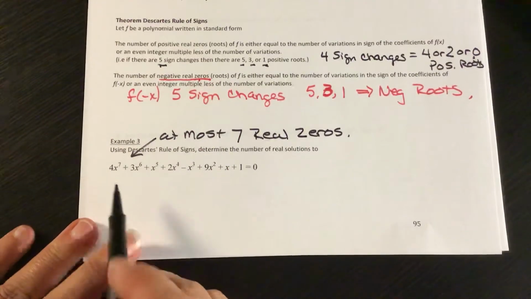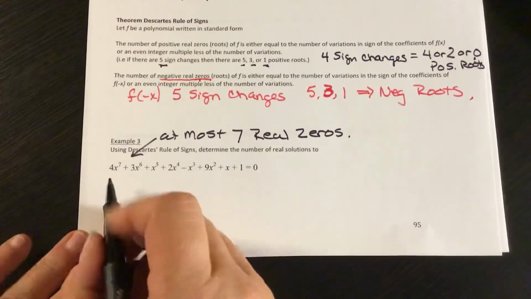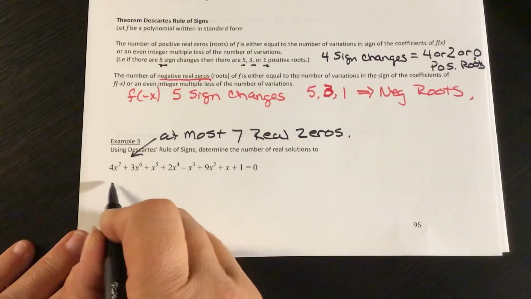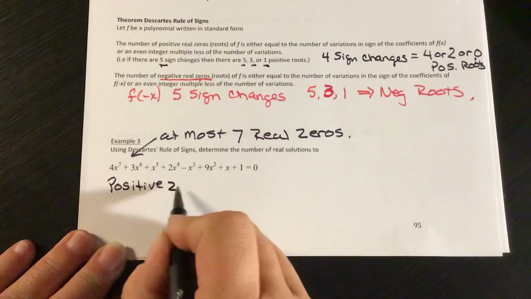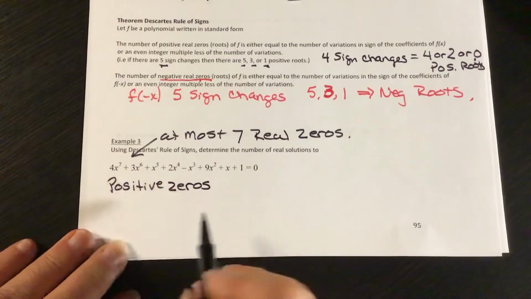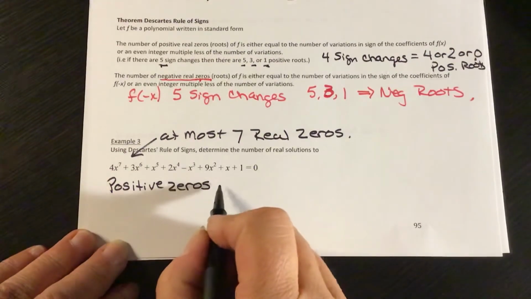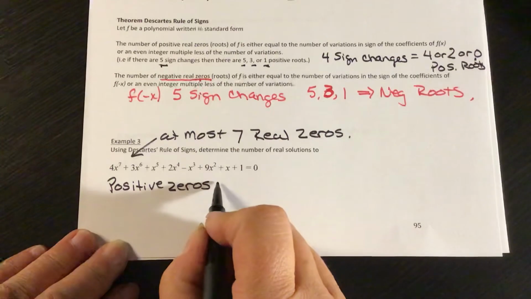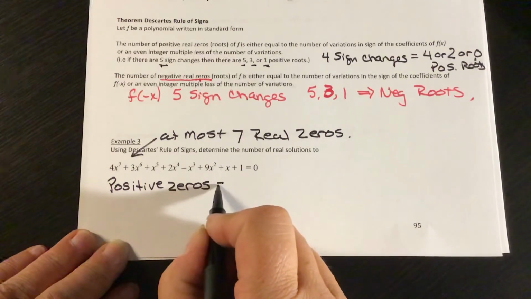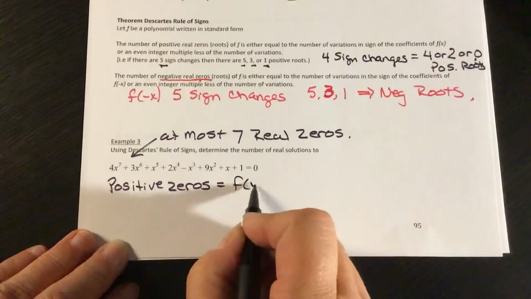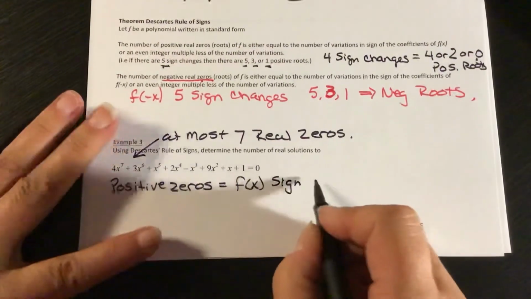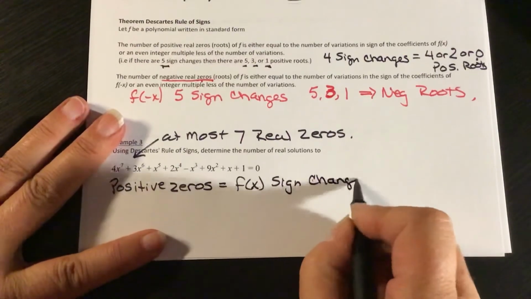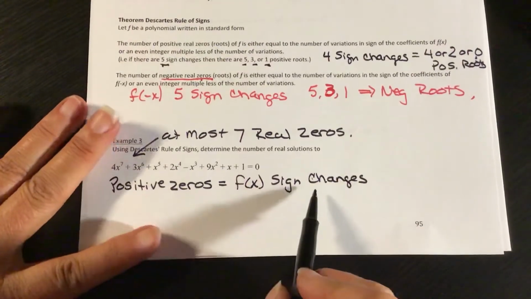All right, if I look for my positive zeros, I'm going to look at the sign changes of f of x.